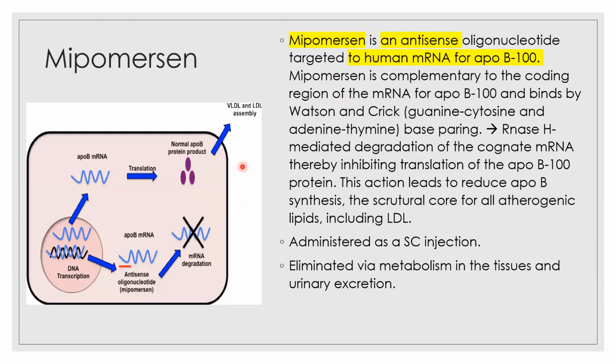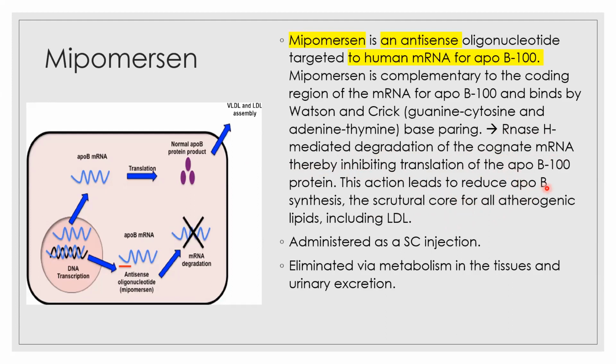So they will bind to the mipomersen. This leads to RNase H mediated degradation of the conjugated mRNA, thereby inhibiting translation of ApoB 100. This action leads to reduced ApoB synthesis, the structural core for all atherogenic lipids.